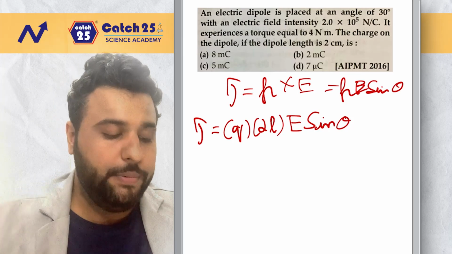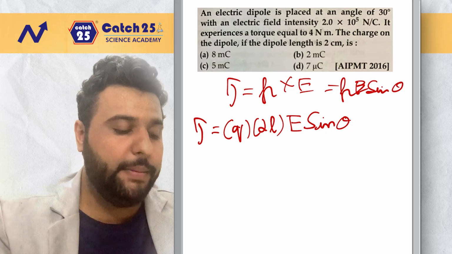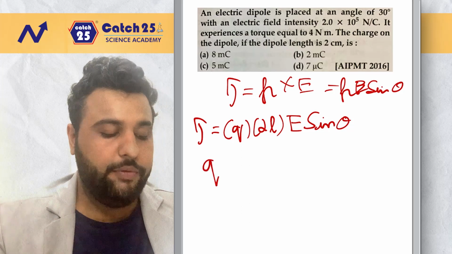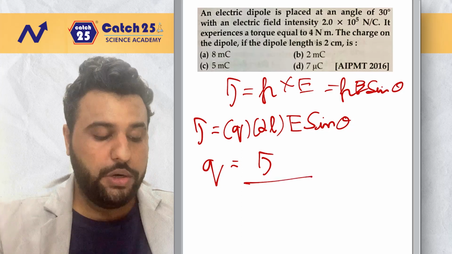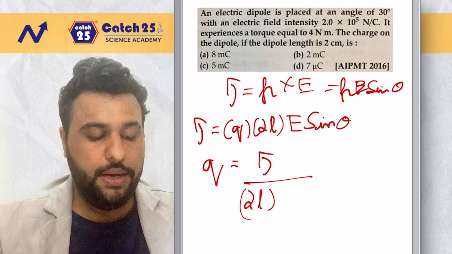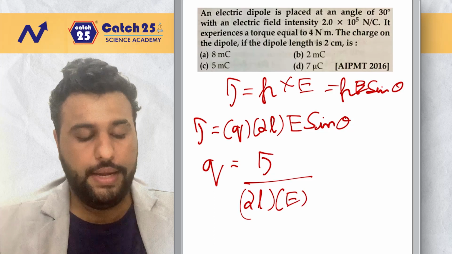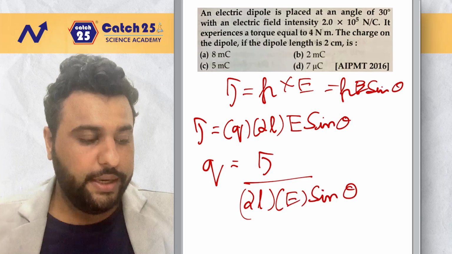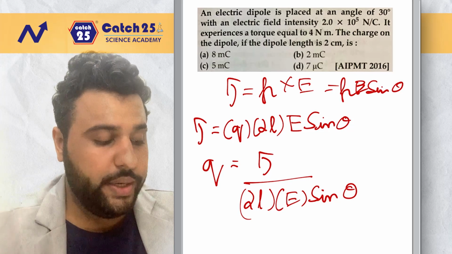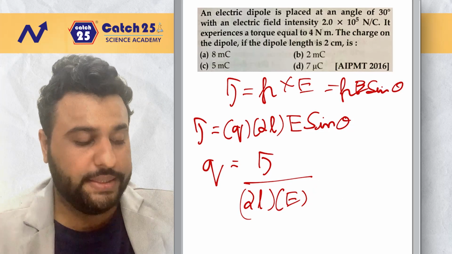Now, if I keep Q on one side, and if I keep everything else on the other side, it will have torque, 2L, E and sine theta. Now everything is given. Now if you notice over here itself, sine theta will be sine 30.